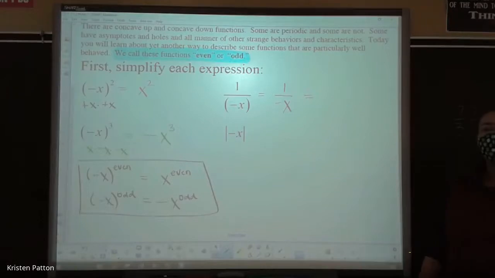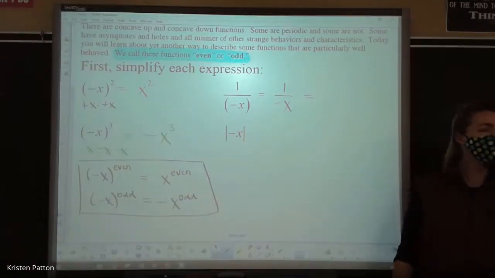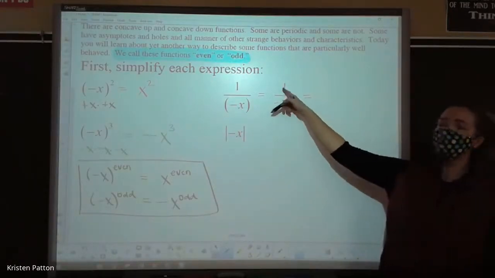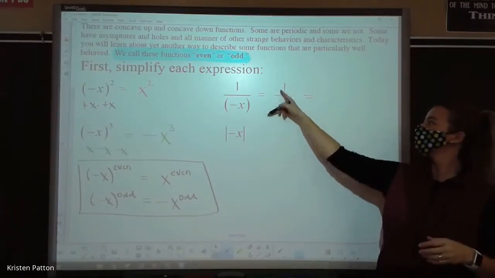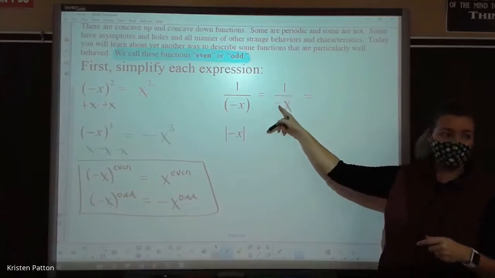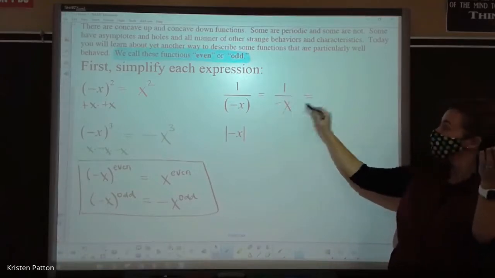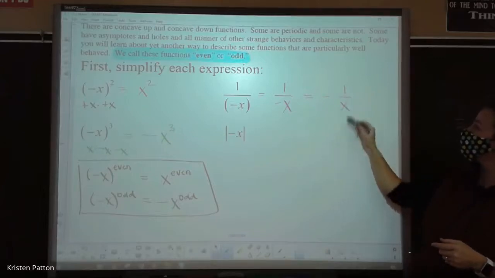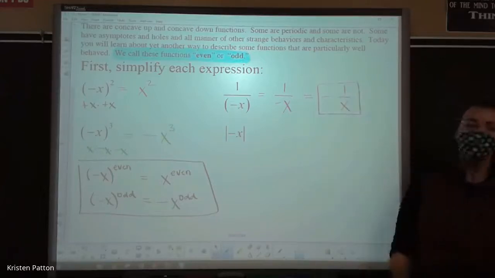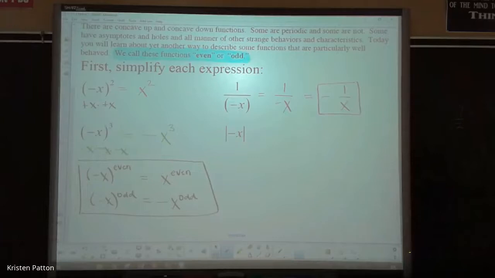I'm actually just going to take what you started with. Would you agree that the one on top is positive? And then on bottom, I have a negative. So a positive divided by a negative is a negative, but I still want to divide the 1 by x. Did I really do anything different? No. All I did was move the negative out in front.